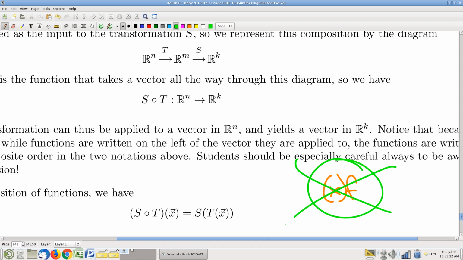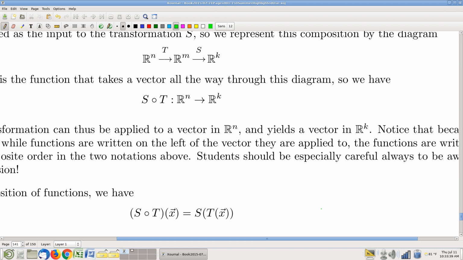Right? I mean, sadly, it's an annoying situation, but the solution is worse than the problem. And so nobody does this, and please don't do it in Math 212. But I just thought y'all would be amused to be aware of that. So anyway, heads up, when you compose, don't forget that the diagram is sort of backwards from the notation.